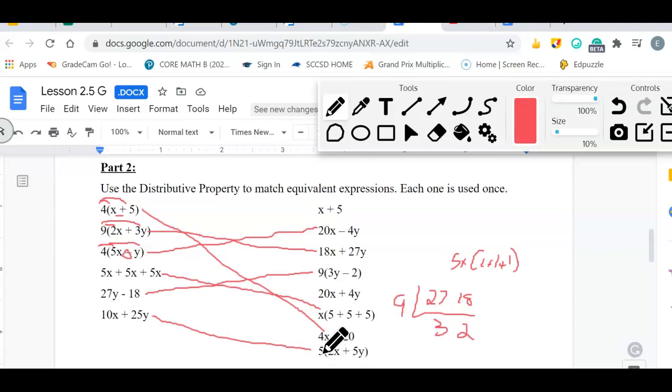You can check your answer by using the distributive property. 5 times 2 times x is 10x. 5 times 5 times y is 25y. And we have addition and addition. All right, hopefully you did all right with that, and you're getting more confident with the distributive property.